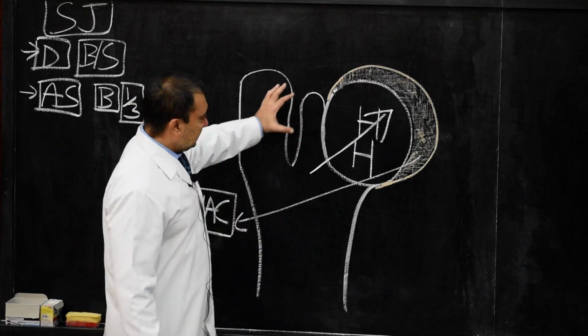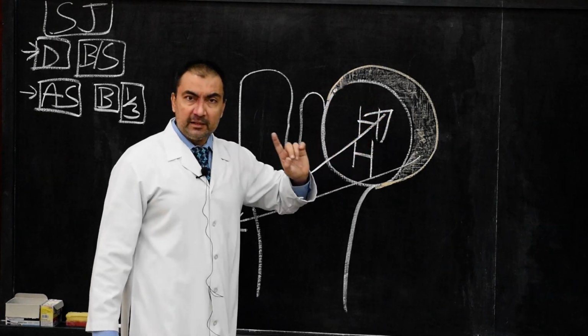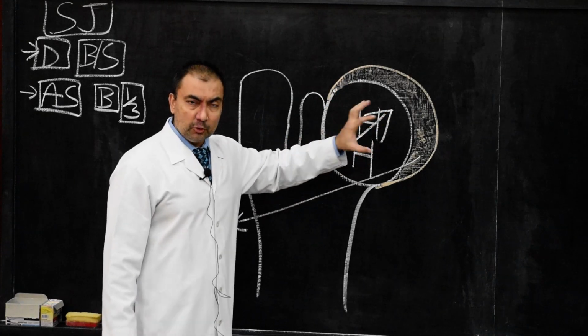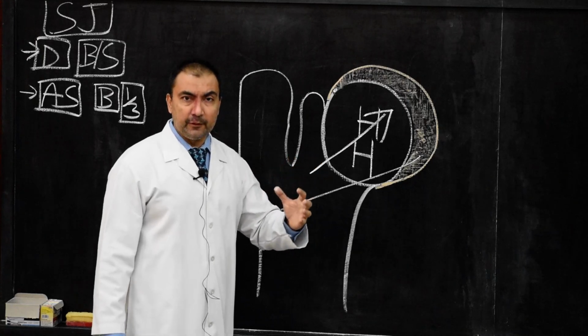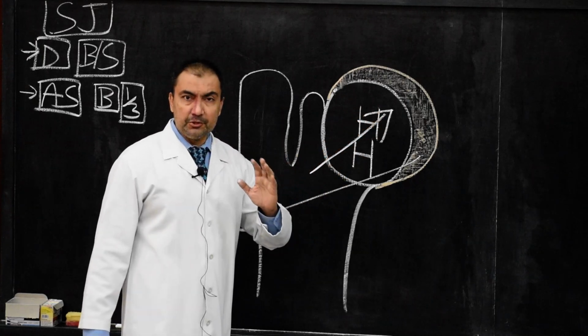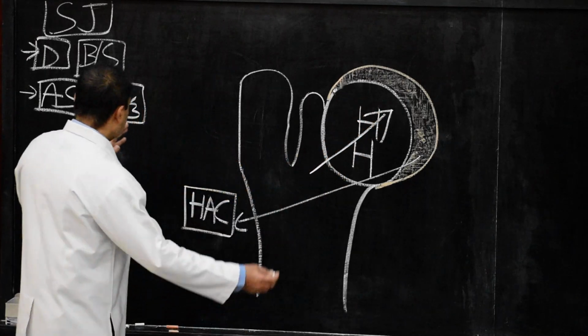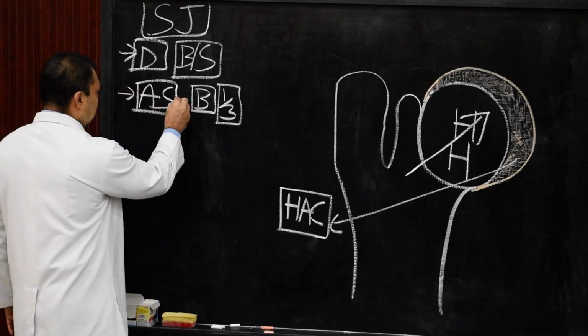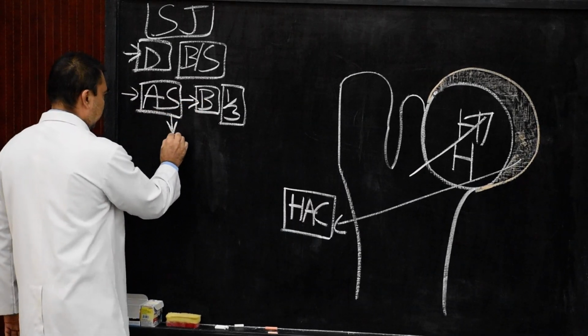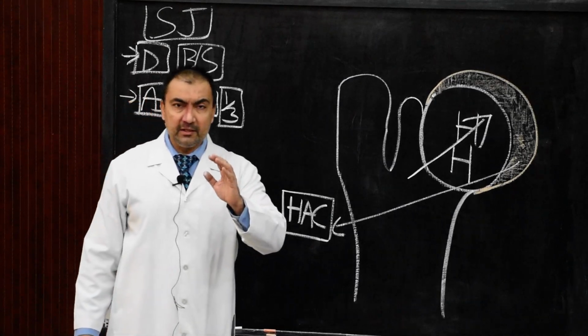So this is the description of one articulating surface, the convex ball which is formed by the head of the humerus. Next, if you come on this side, the second articulating surface will be the shallow glenoid cavity.